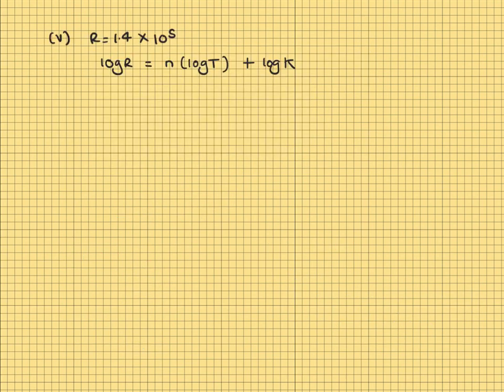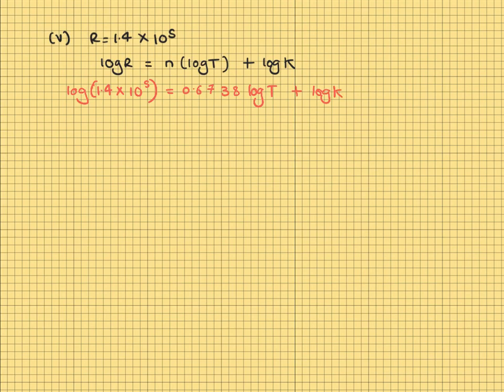So we're now told that an unknown moon has an orbital radius of 1.4 times 10 to the power 5. I'm going to substitute that into this equation. So log to the base 10 of 1.4 multiplied by 10 to the power 5 equals, now our value of n was 0.6738 multiplied by log to the base 10 of t plus log k, and I'm going to use the value that I found for k previously.